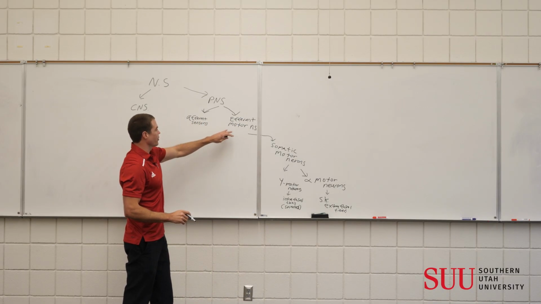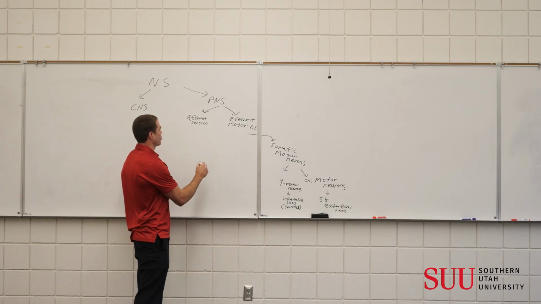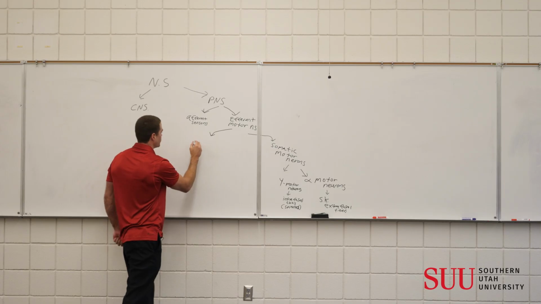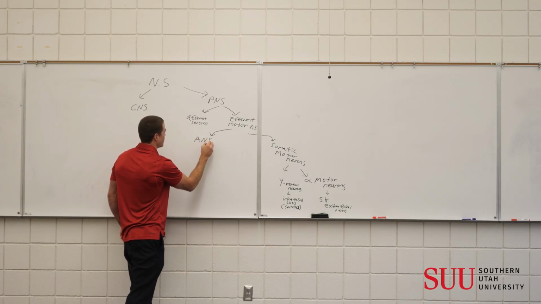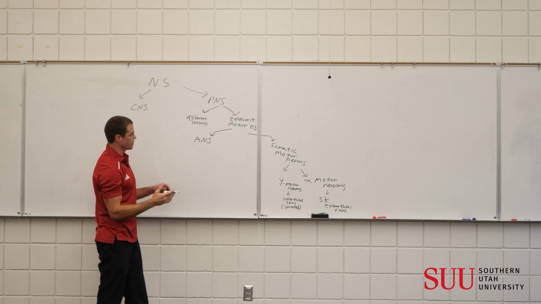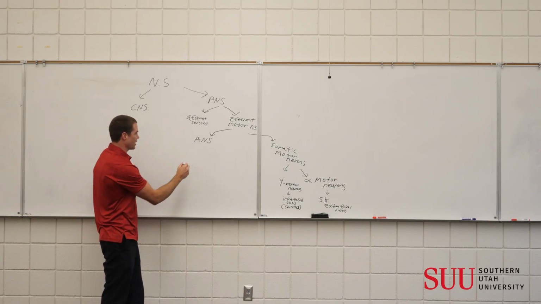Now there's other efferent motor neurons that can be subdivided. We have your ANS. That's your autonomic nervous system. Now the ANS can be further subdivided into different categories.